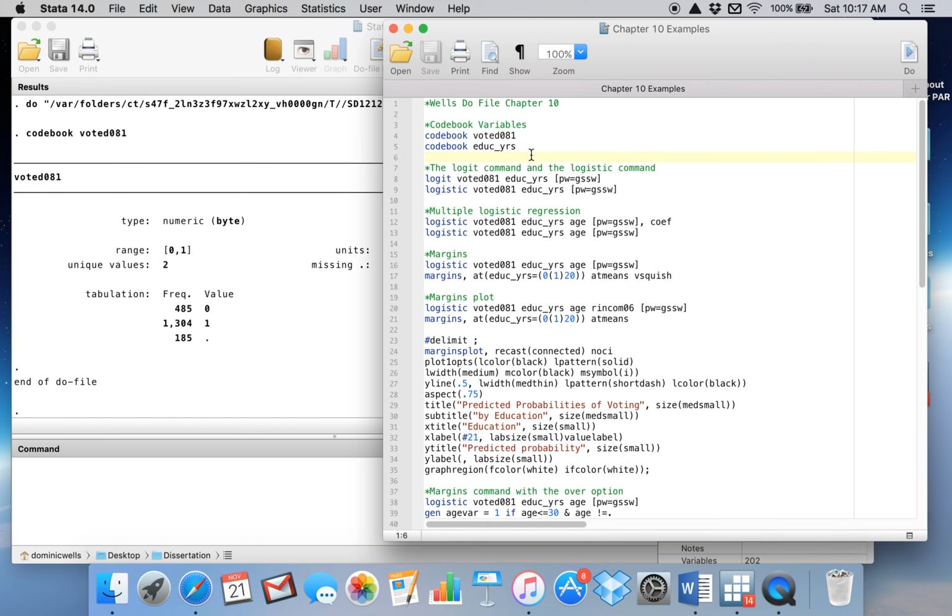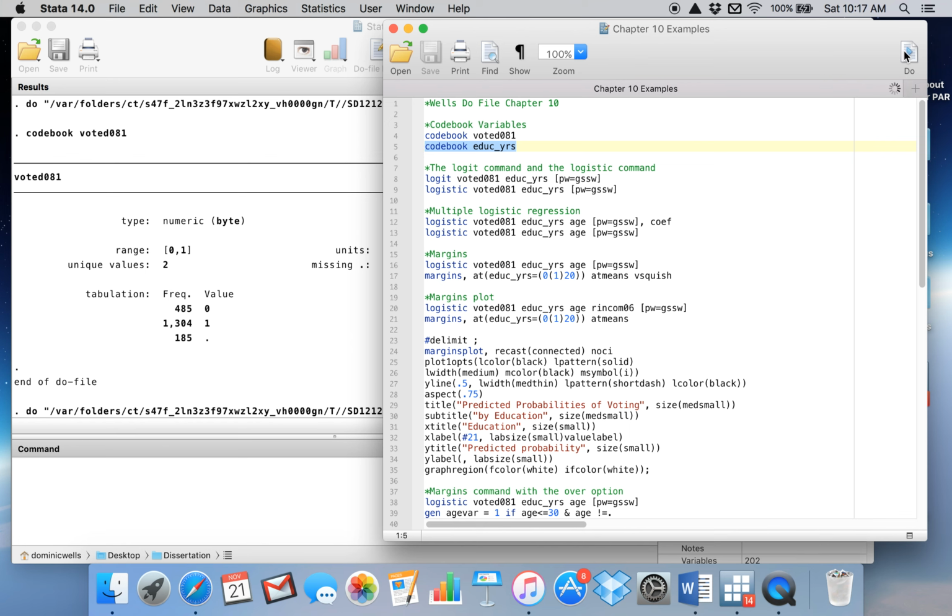And the other thing we're going to use, for an independent variable that is often linked to turnout, is education. In the GSS, education ranges from 0 to 20. 0 is no formal schooling, and 20 is 20 years of education.